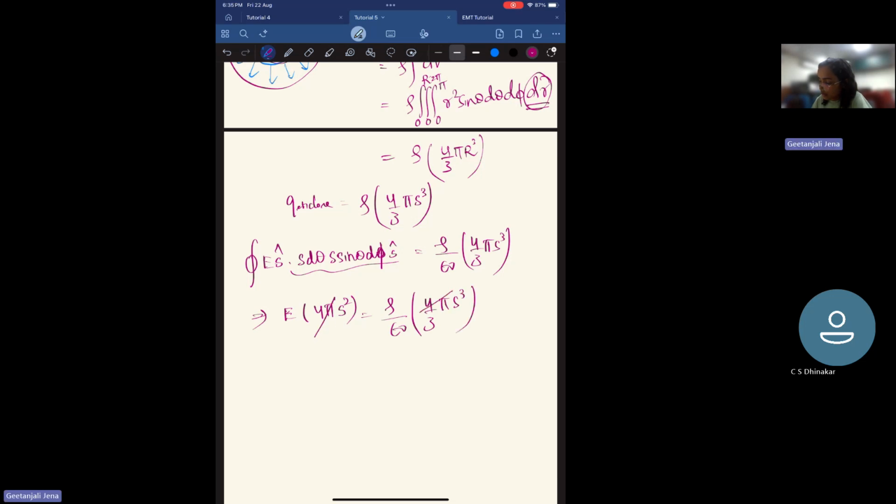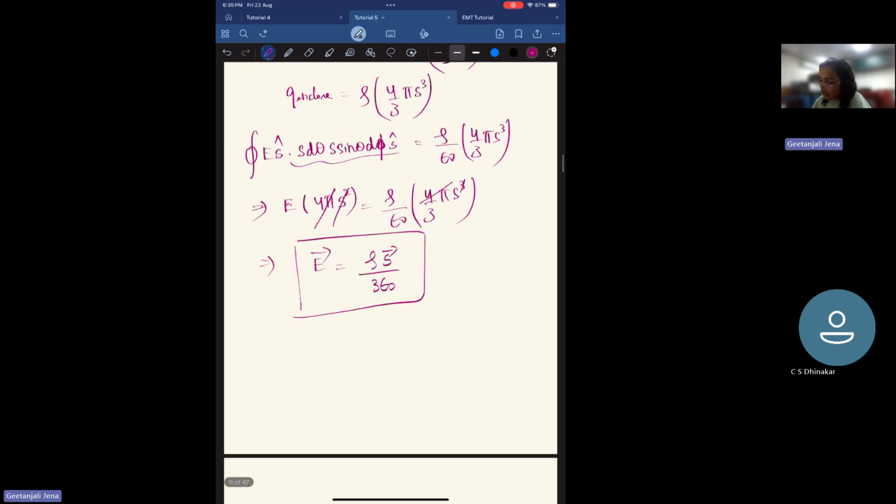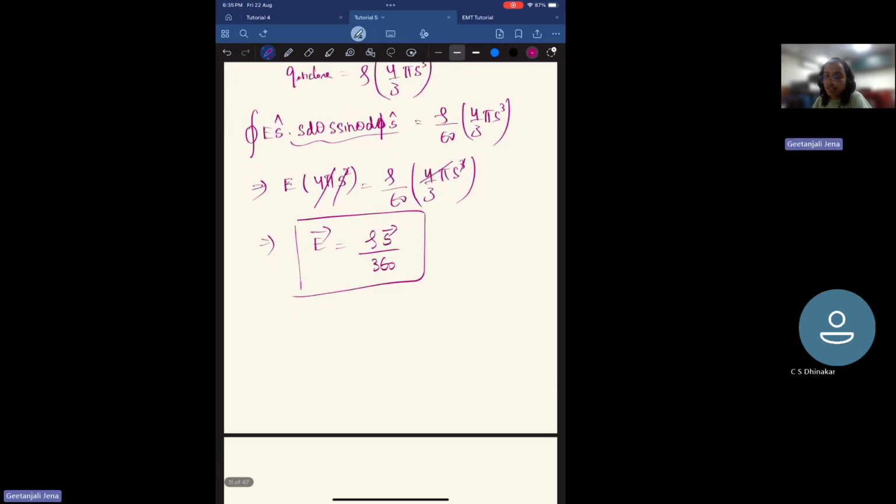So this will cancel. So for a sphere, the electric field inside is rho by 3 epsilon naught times s. Similarly, if the charge density is minus, the electric field is in the opposite direction, so it is minus rho s by 3 epsilon naught.